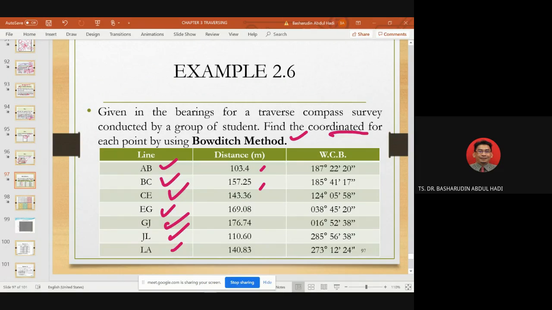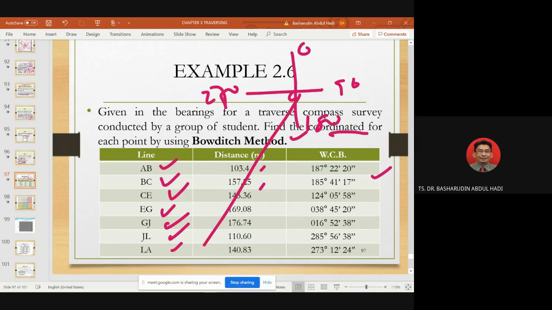BC is 157.25. They use tapes to measure the distance from A to B. For example, A is going to B, and the whole circle bearing is 187. If this one is 0, this one is 90, this one 180, and this one 270, then where is 187?